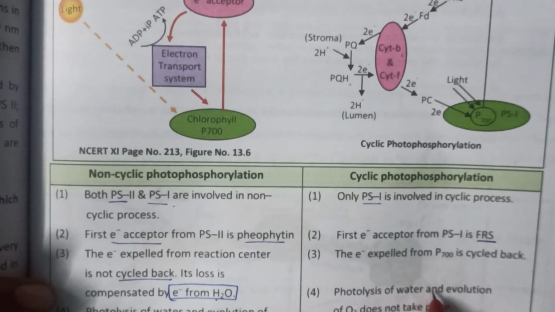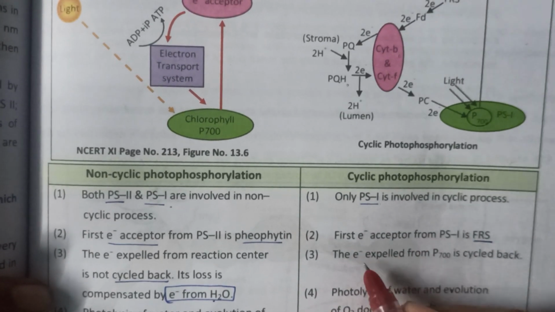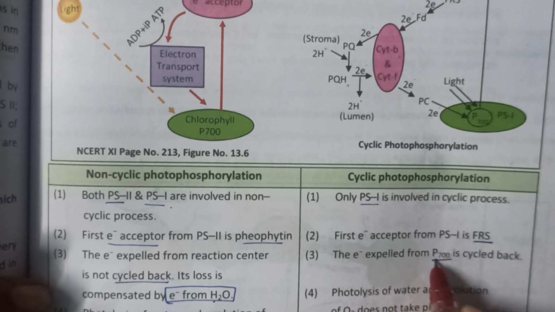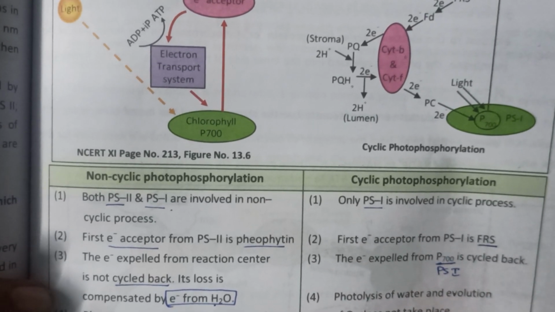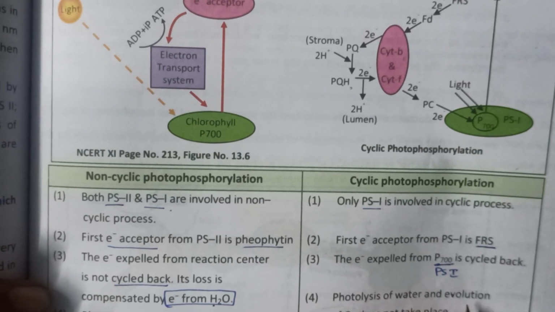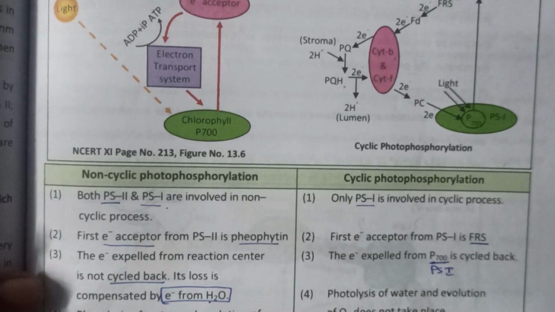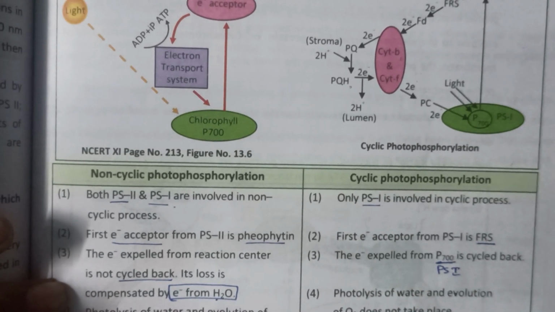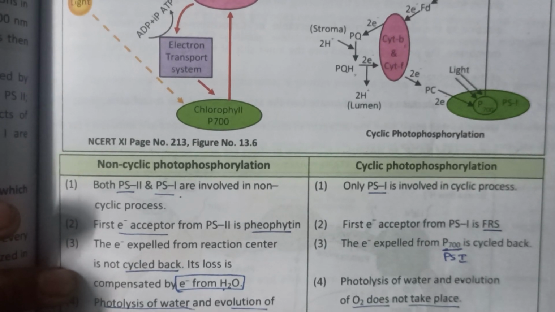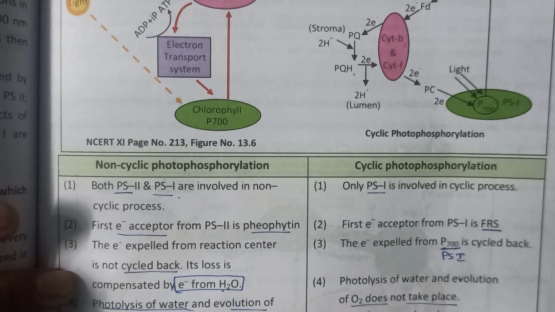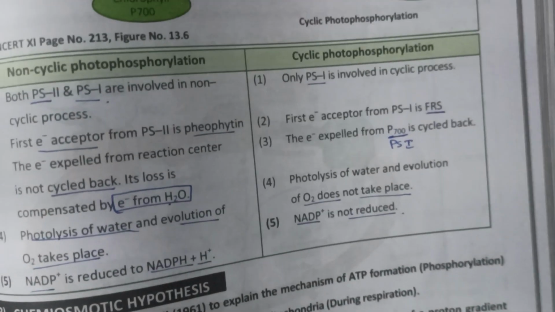But here photolysis of water cannot occur, and the electron expelled from P700, that is photosystem 1, is cycled back, and evolution of oxygen does not take place. Here photolysis of water occurs and evolution of oxygen takes place. Here NADPH plus H plus is formed from NADP plus. Here NADP is not reduced to NADPH plus H plus.